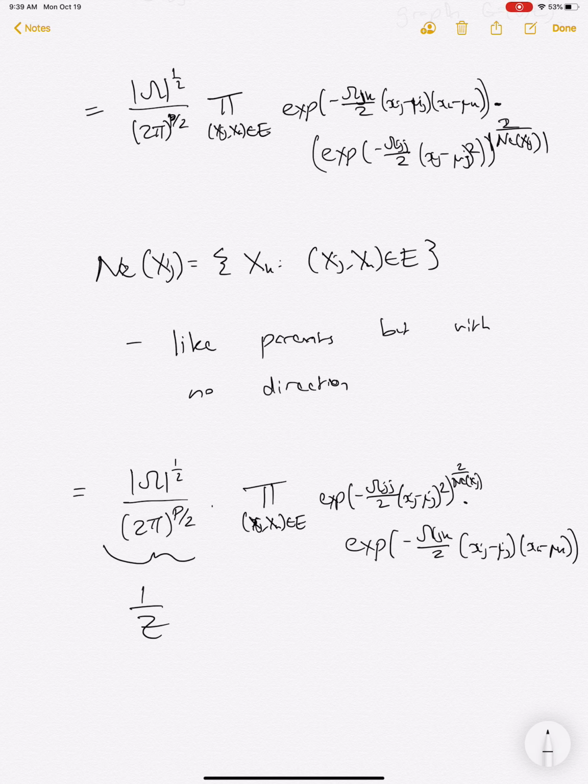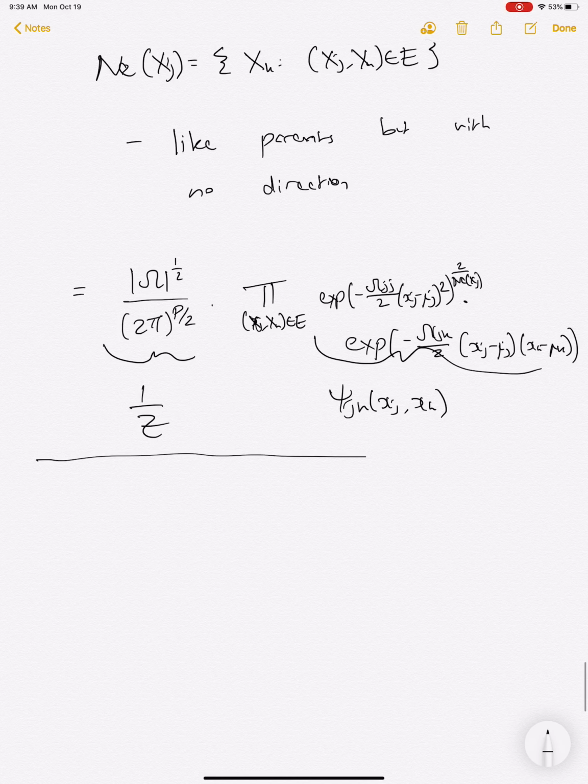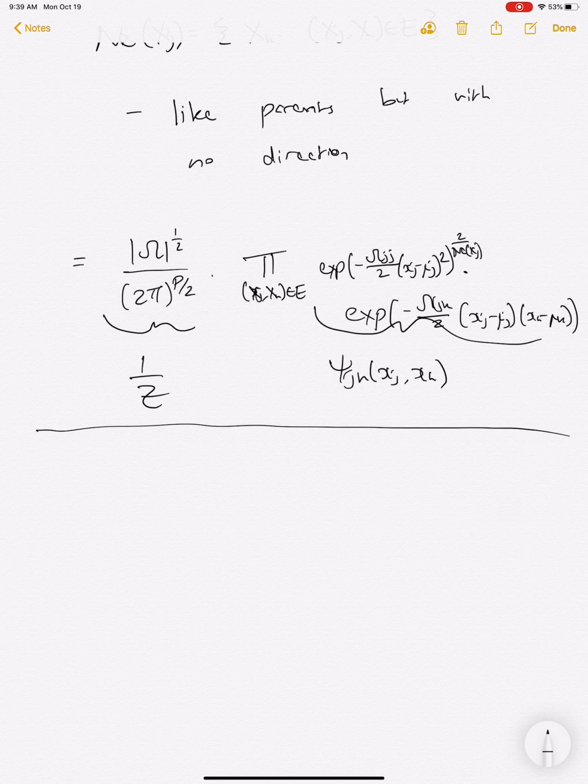Okay, and so this whole thing is just your psi jk, these are your potential functions, okay? So the important thing to note here is that there's 2 takeaways. We have a form for the potential functions.